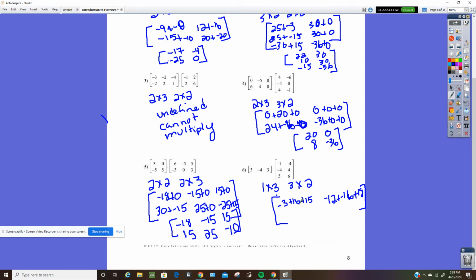So adding these together, 16 and 15 is 31 minus 3 is 28. And then -28 plus 18 is -10.